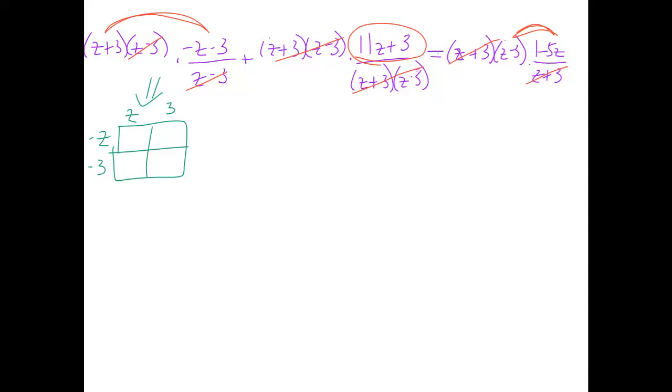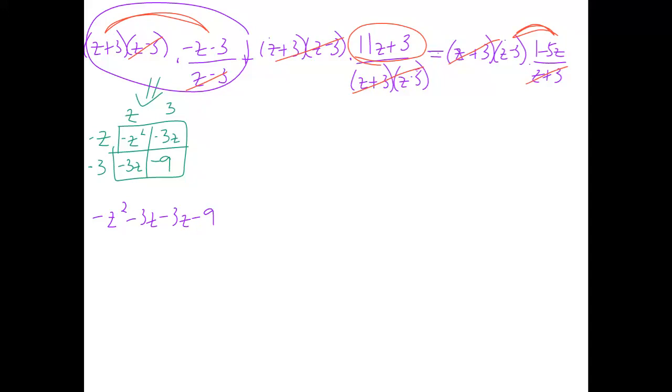And the way we work the box is multiply the sides to get in, and then we add to get out. So we would have negative z squared, then negative 3z, another negative 3z in this box, and then negative 9 down here. So our first term, when we multiplied all of this together, becomes negative z squared minus 3z minus 3z minus 9. So lots of negative values there.